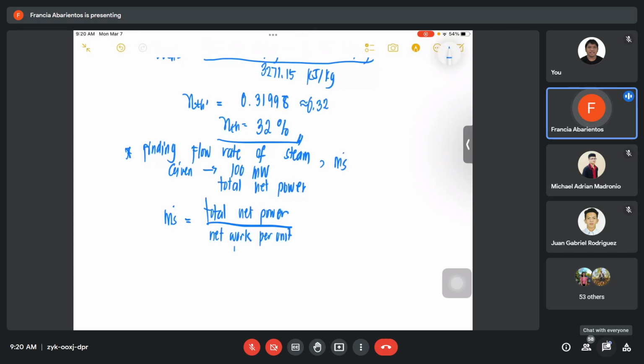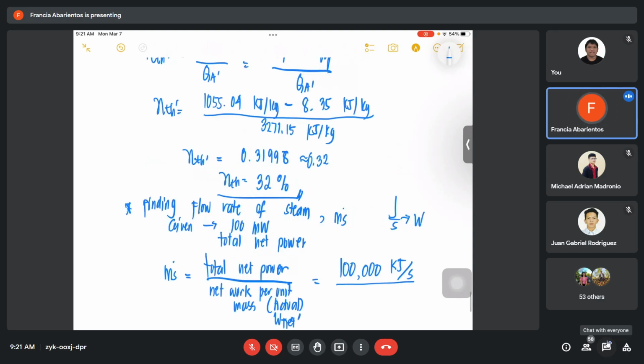Ito yung actual kasi given naman sa problem. So we have 1,000 megawatt. So in kilojoules, that is like this, kilojoule per second. Joule per second is in watt. Over the actual, this is the work net.